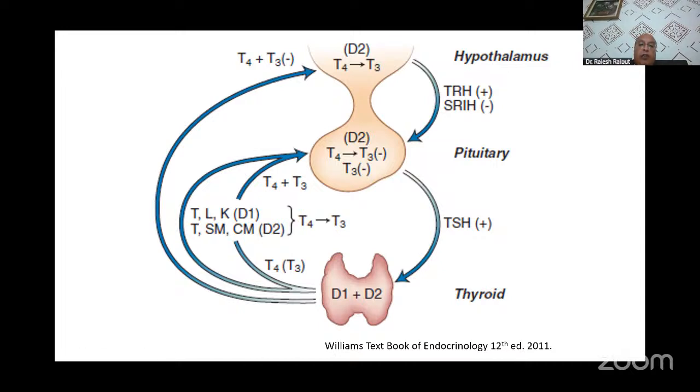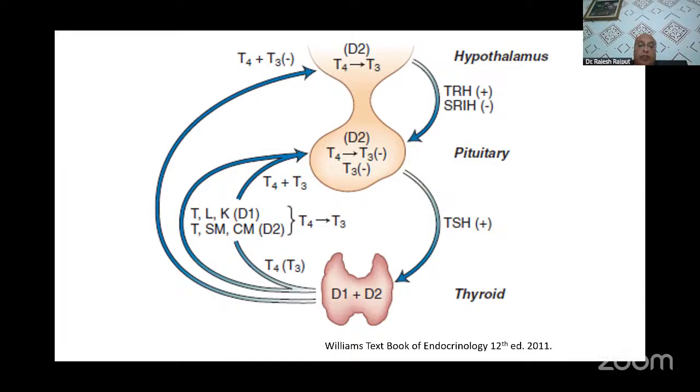Now, the majority of thyroid hormone which is secreted from the thyroid gland is T4. Only 20% of the secreted hormone is T3. The remaining is converted in the periphery at various organs. This conversion takes place through an enzyme which is known as deiodinase. There are three types: D1, D2, D3.